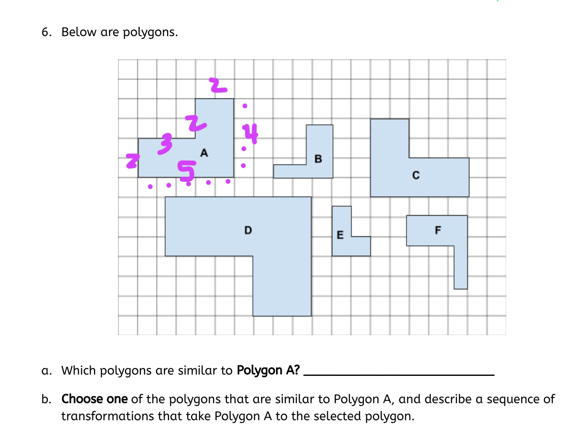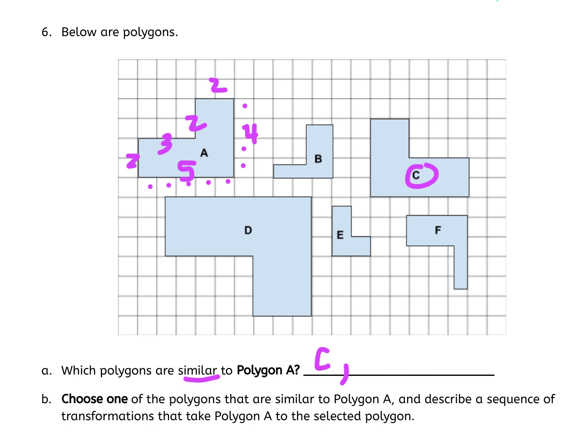So now let's look. I'm looking right now at C, and that looks like it is an exact copy, which would be similar. It would be congruent also, but an exact copy is similar and congruent, so C would be one of them.